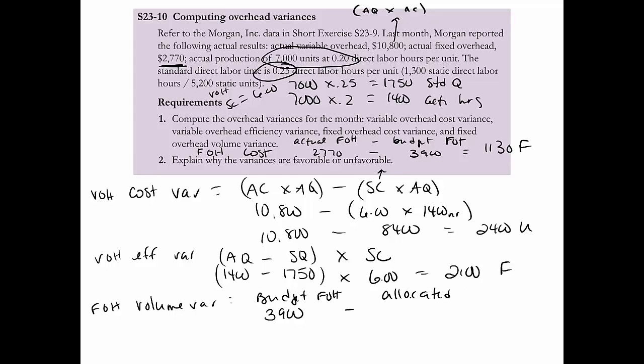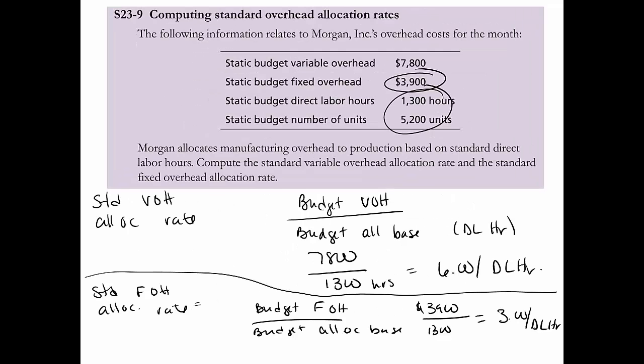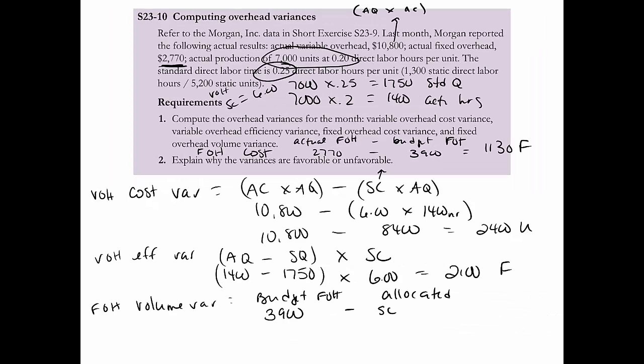The allocated is going to be the standard cost, which for the fixed overhead we said is $3 an hour. So in these, standard equals those allocation rates that we came up with. So the standard cost is $3 times the standard quantity. So the standard quantity for actual production, we already did that right here, okay? So that is the 1,750.